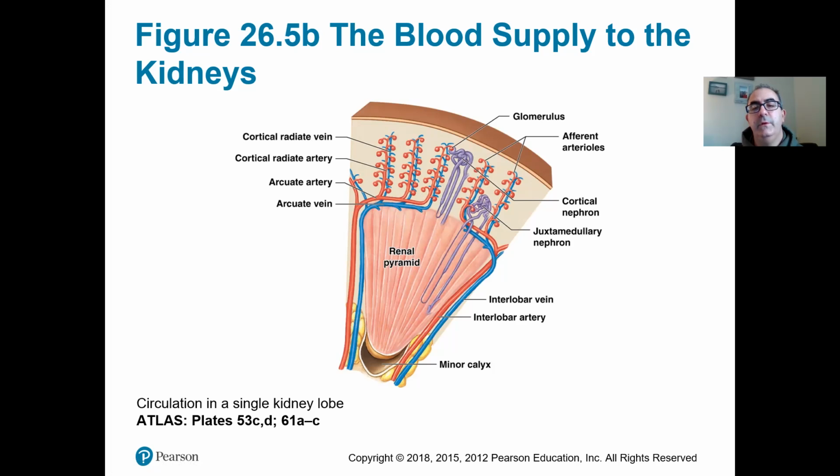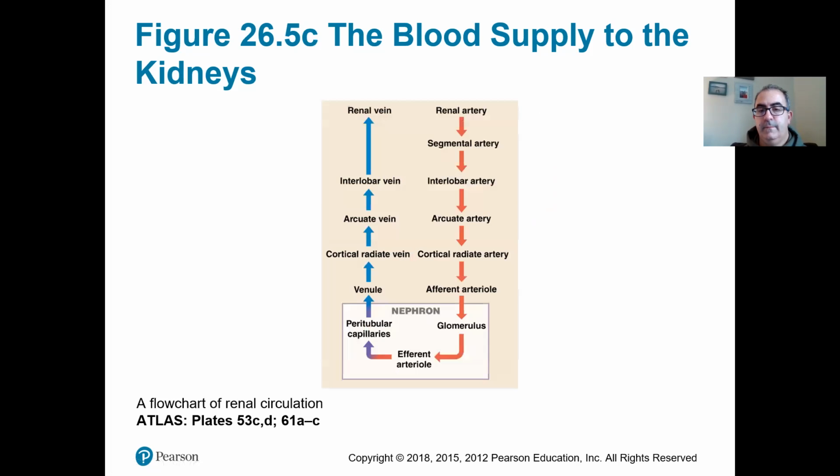Make sure that you know that blood flow. So between the cortical radiate artery and the cortical radiate vein, the blood's going to travel through this nephron and get filtered. And we're going to come back to that in a minute.